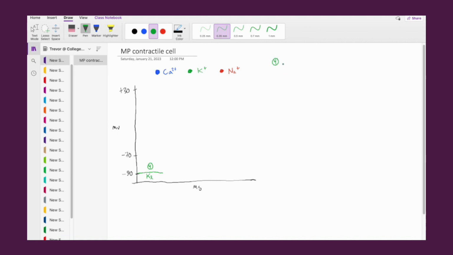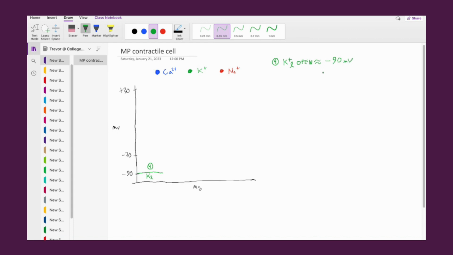In step 4, we're going to have our potassium channels, K+, leaky. These are going to be open. And that's where we get this resting membrane potential of around negative 90 millivolts.